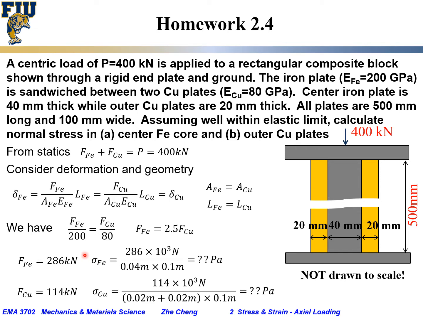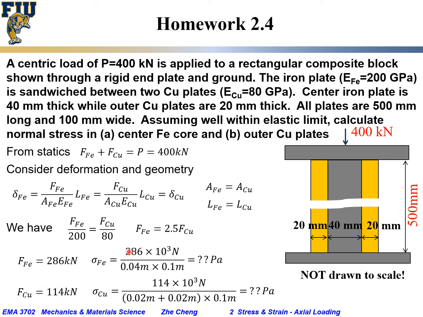And when you plug in the numbers, we can solve for FFE as 286 kilonewton, while FCU, the total force borne by the copper pieces, is 114 kilonewton. Again, I'm counting the total force for both pieces. If you want the force within one piece, that should be half, which is 57 kilonewton. But here I just use the total.